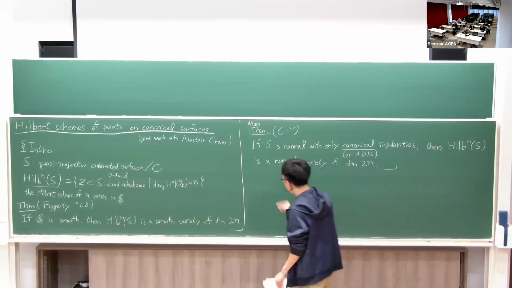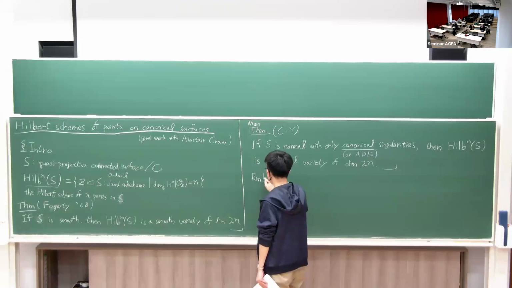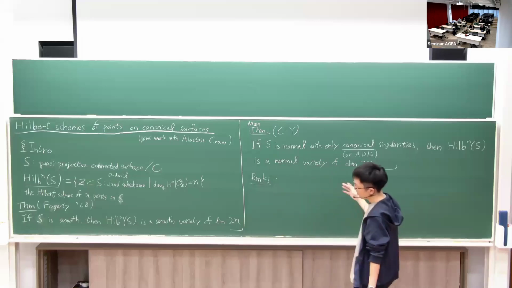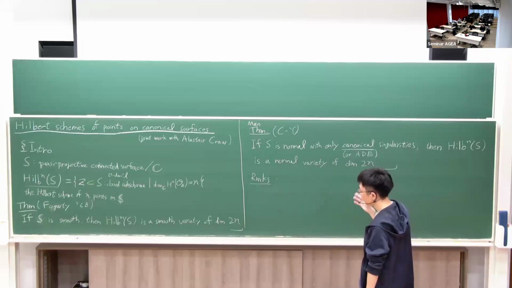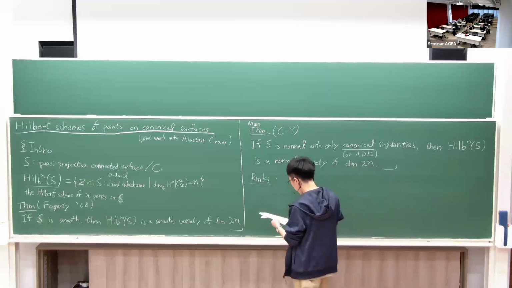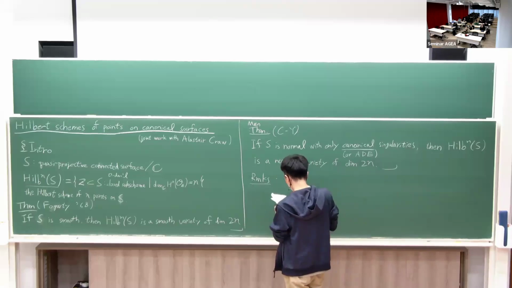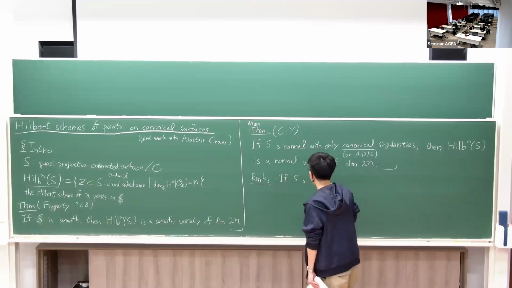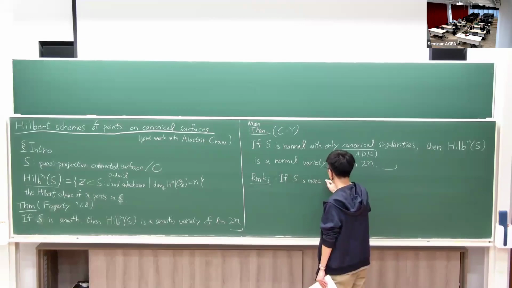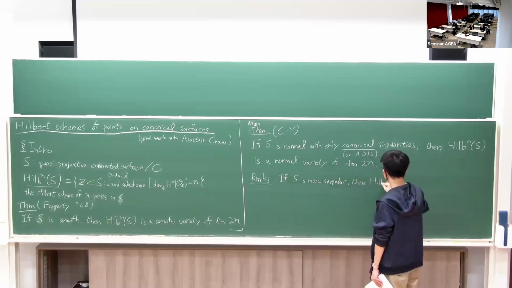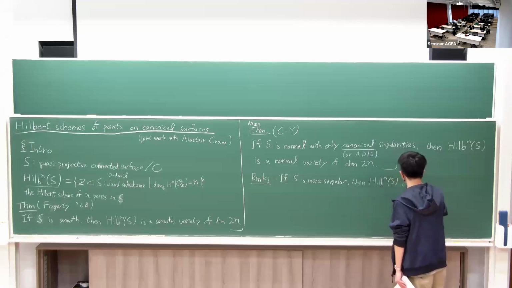But let me give some remarks. You might expect that if S is irreducible, the Hilbert scheme is always irreducible, but this is not true. For example, there is some result: if S is more singular, then the Hilbert scheme can be reducible.